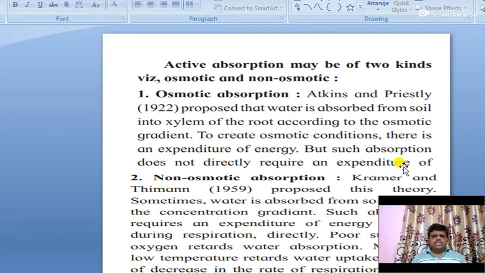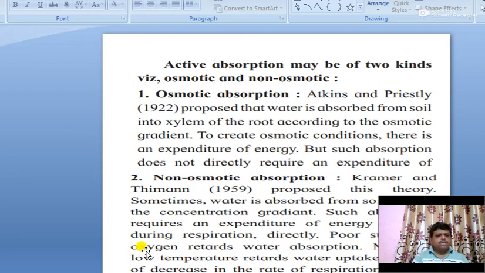Let us move towards non-osmotic absorption. That is, Kramer and Thimann in 1959 proposed this theory regarding non-osmotic absorption. Sometimes water is absorbed from the soil against the concentration gradient.